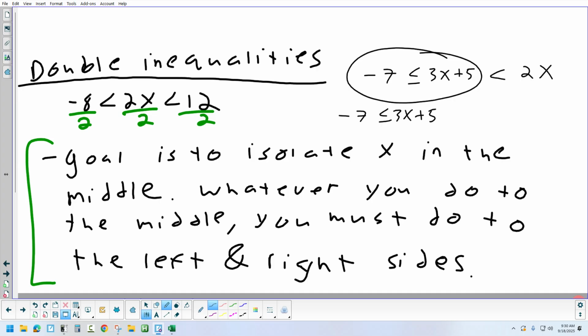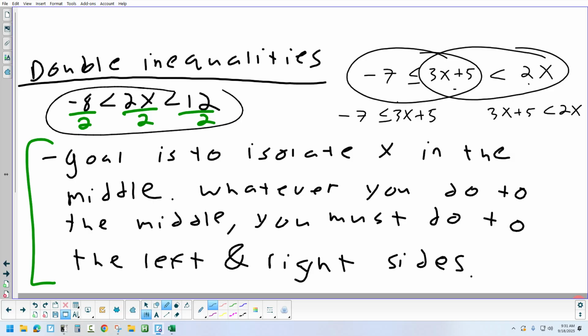Solve that, and then take this and write it as a second problem. And solve that. So now what I've done is I've made it so I have 2 separate inequalities, and I don't have to deal with all 3 parts at the same time. It depends on the problem. But I would definitely not take the approach of splitting it in this one, because there's only an x in the middle, and that's easy enough to use this method.